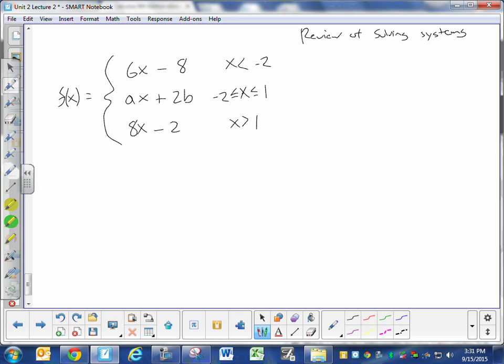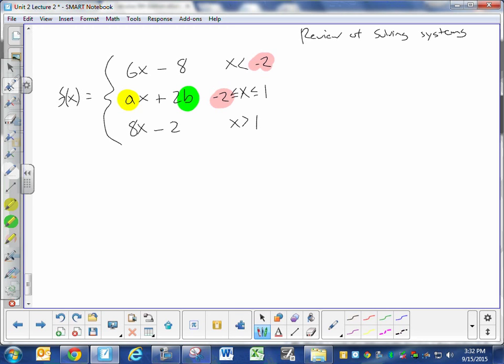We got 3 pieces and we have 2 unknowns, A and B. Okay, well, if we went about things, we'd say, okay, to make sure this is continuous, this first line will need to meet up with my second line at negative 2.